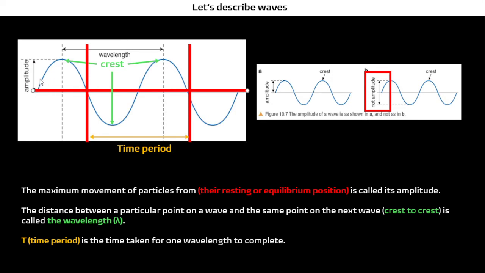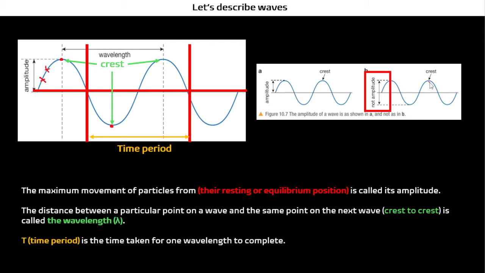So you should notice that this is not your maximum, so it's not an amplitude. This is not either, but this is your maximum amplitude, and in the same way, the lowest one is also your maximum amplitude. So if you look at the diagram on the right side, do not confuse this in your exam. Only either the top part or the bottom part is your amplitude.